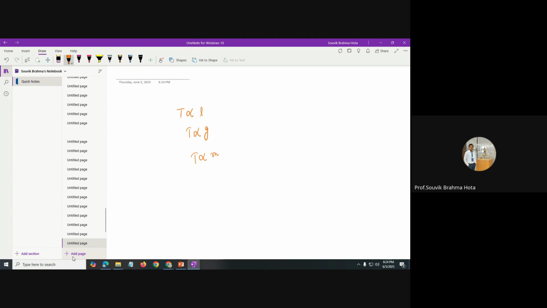Okay, that is what we are considering. Now if we write a combined equation it should be like this. Then if you write equal to, a proportionality constant should be there.